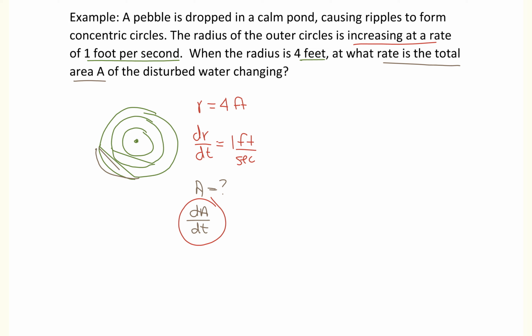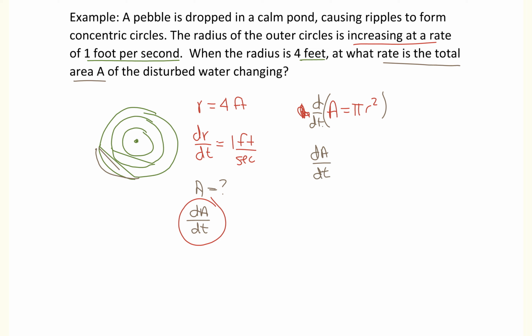So what I'm going to do is set up a formula that relates the area and the radius. The area of a circle is pi r squared. And what you're going to do is then take the derivative of this with respect to time. So the derivative of area with respect to time is dA/dt.